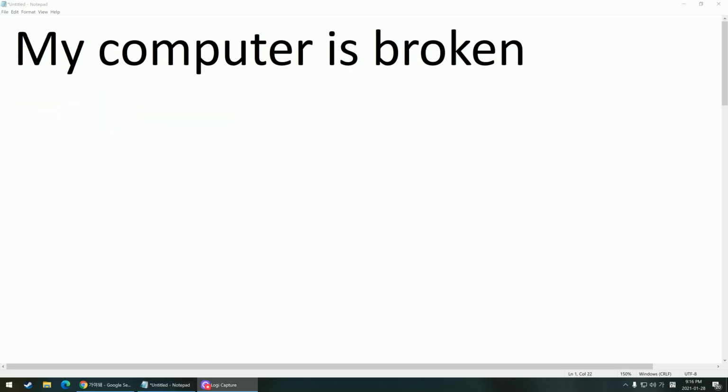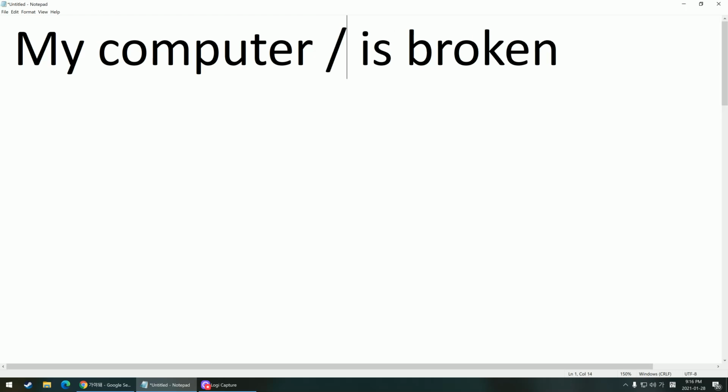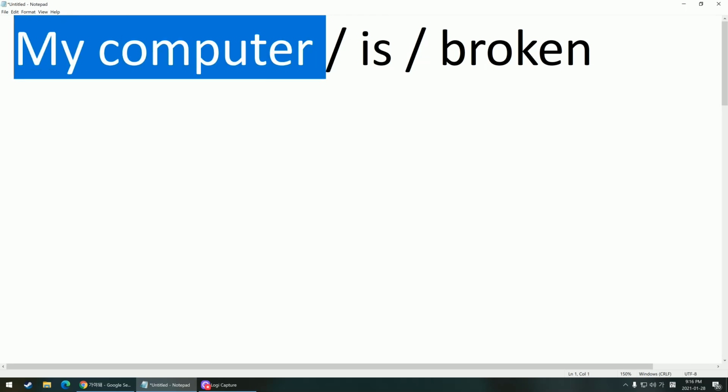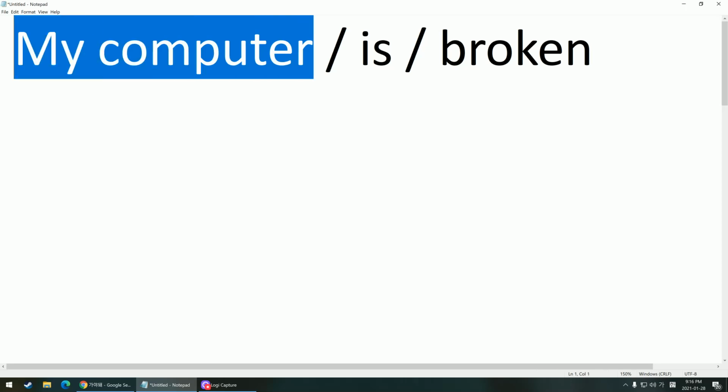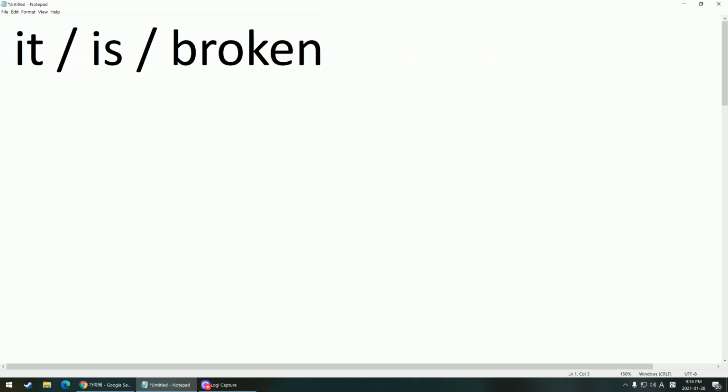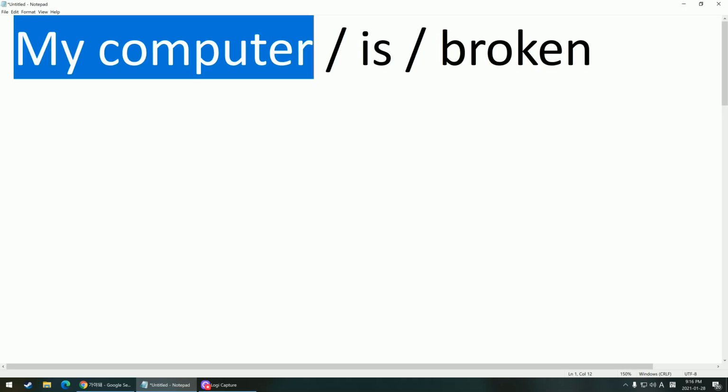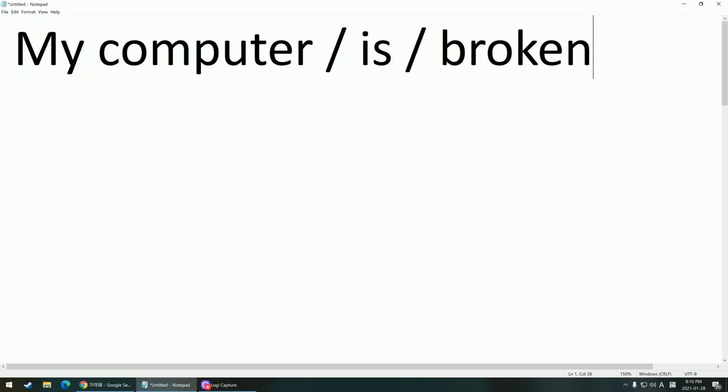All right, let's take a look at this sentence. My computer is broken. Well, "my computer" seems like one word. It's two words, but it's like one piece, you know what I mean? The reason I say that is because this whole thing can be swapped out with just "it." It is broken, right? So I consider this one piece.